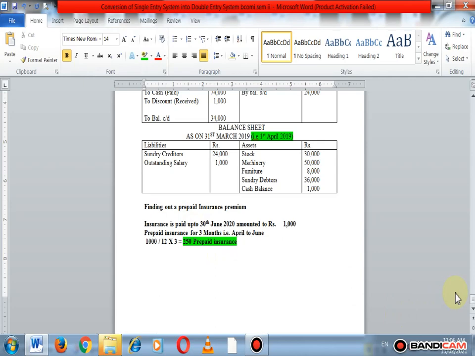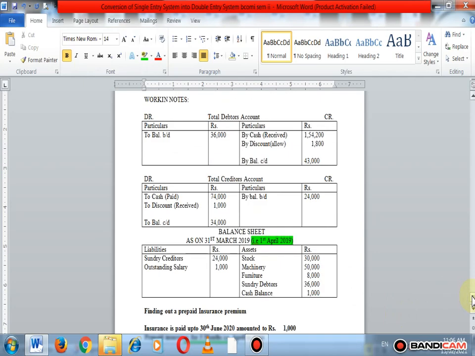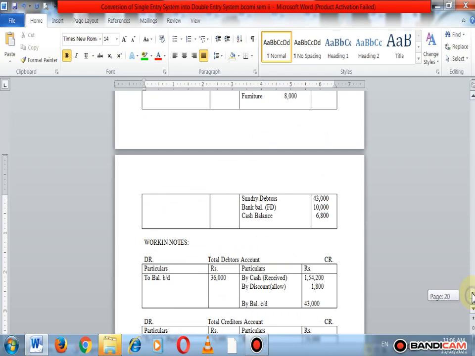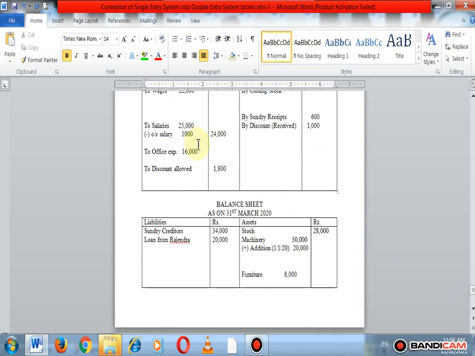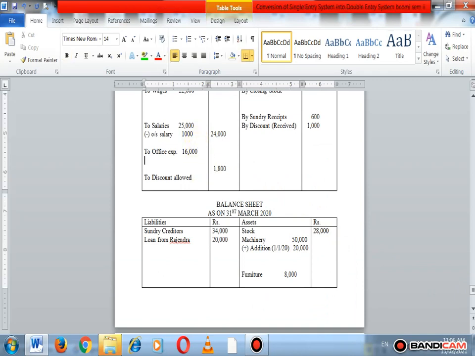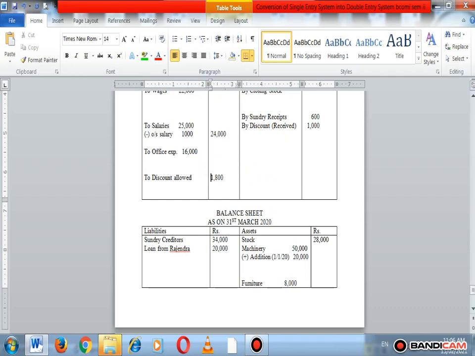So prepaid expenses is our current asset. Okay, so make two effects of prepaid expenses. First effect is deduct from office expenses. Why do we deduct this from office expenses? Because prepaid insurance is included in office expenses amounted to rupees 1,000.